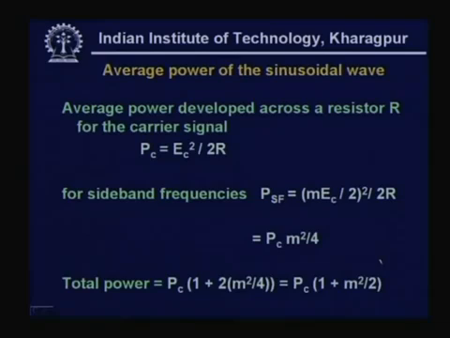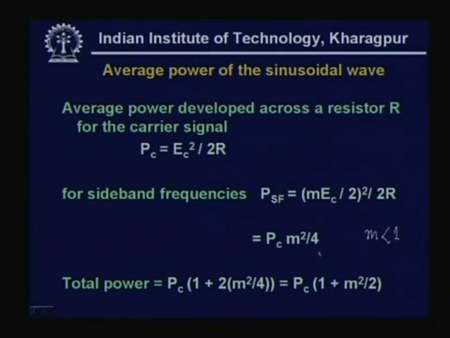Now, one very interesting observation from this is that maximum power is required for transmission of the carrier. We have seen in the previous diagram, you can see here it is Ec square by 2R, and as you can see, depending on the modulation index, the sideband power, as you know, usually m is less than or equal to 1.